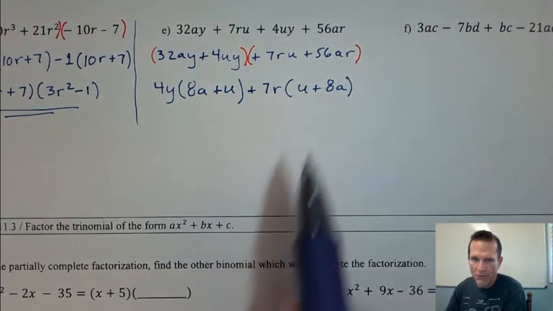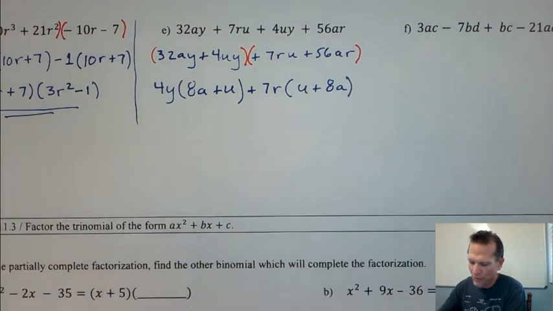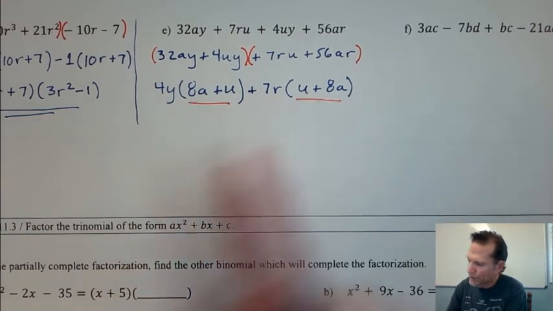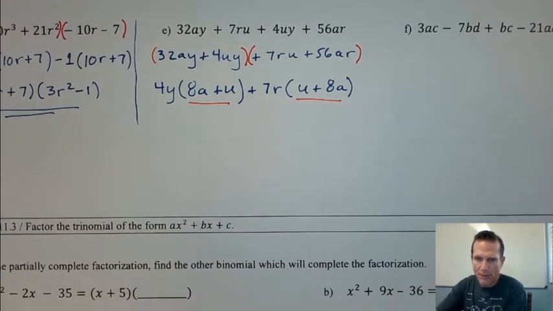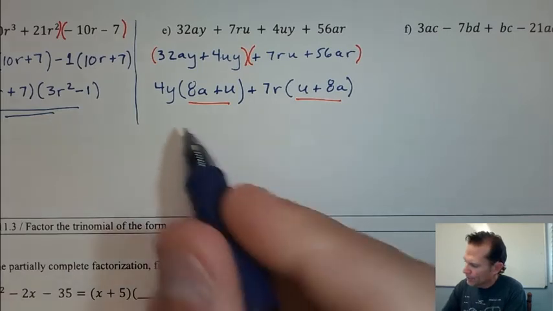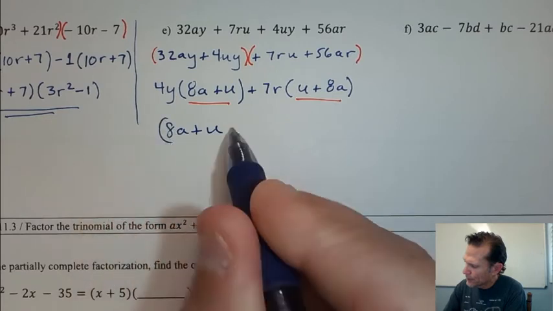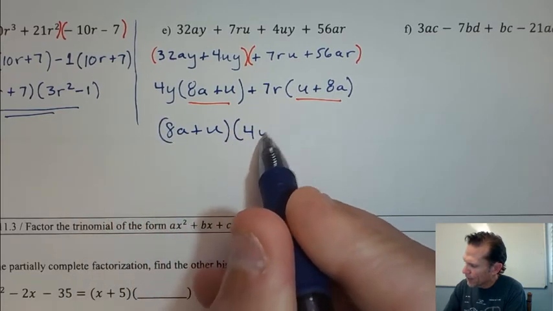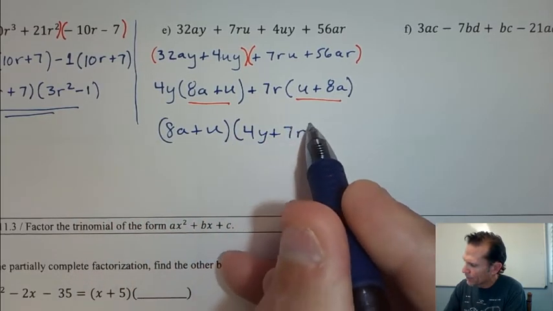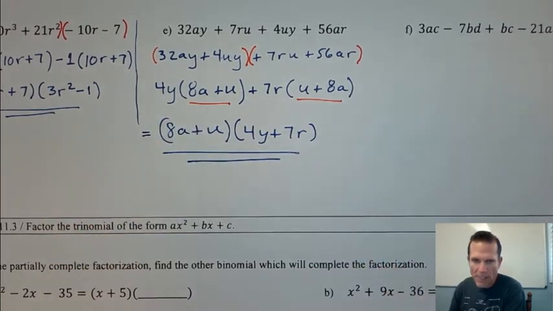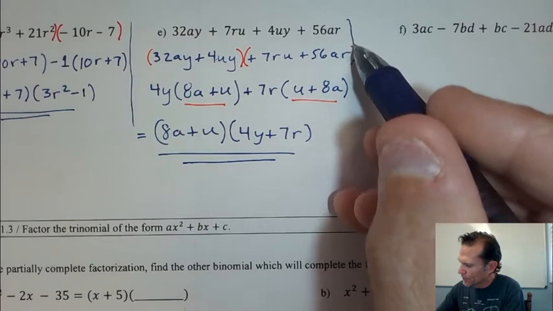And again, reviewing our commutative property of addition, we know that these two binomials are equal to each other. So I can pull that binomial out front. I'm going to write 8a plus u and 4y plus 7r. Okay. So that one, E, showed us a little bit with rearranging.